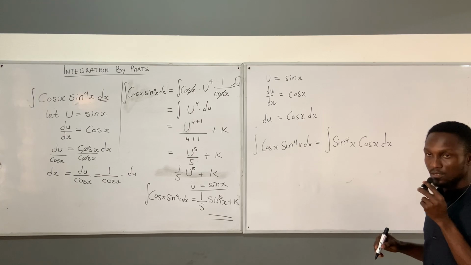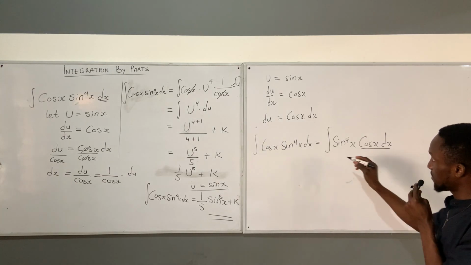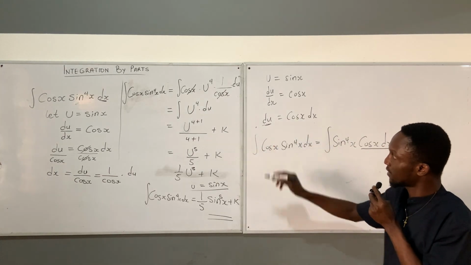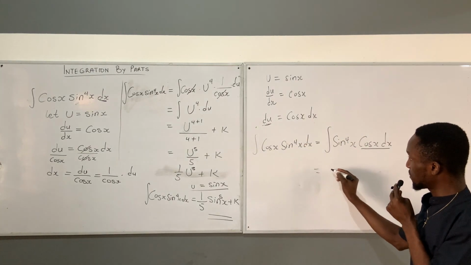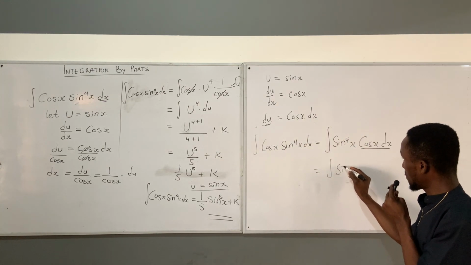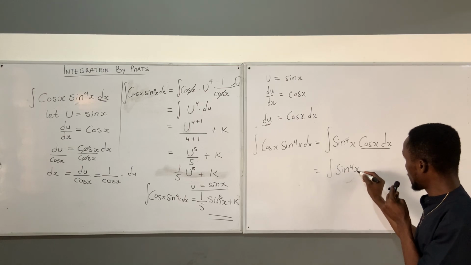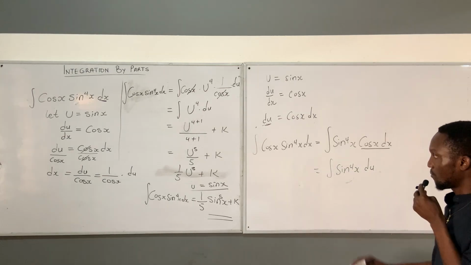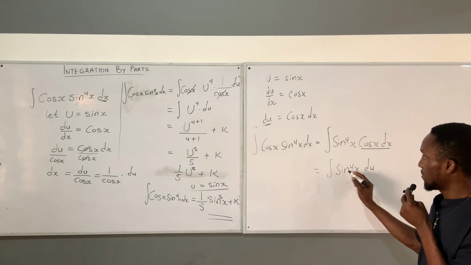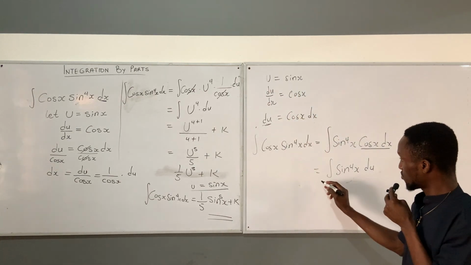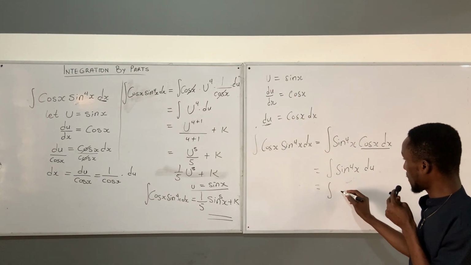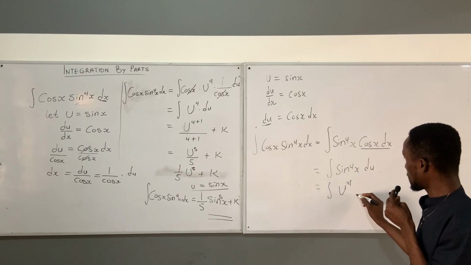Are you with me? Now this side, cos x dx, is the same as what we have here, because du is equal to cos x dx. So the equation becomes the integral of sine to the power 4 of x du. But sine x represents u. So this is the same as the integral of u to the power 4 du.